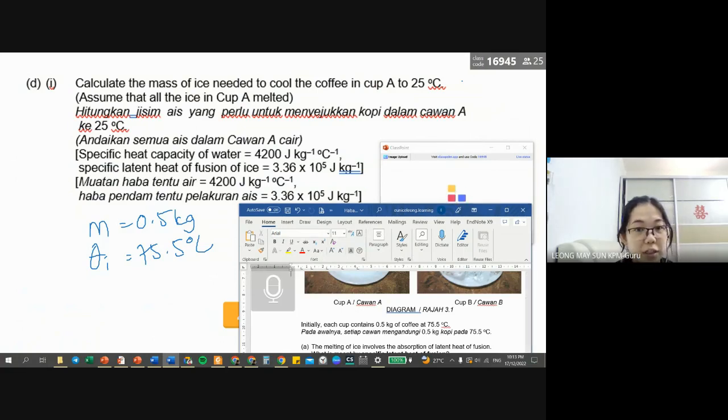I'm showing you the initial question at the bottom. So the initial cup contains 0.5 kg of coffee. So the mass of 0.5 kg is for coffee. They ask you for the ice right now.